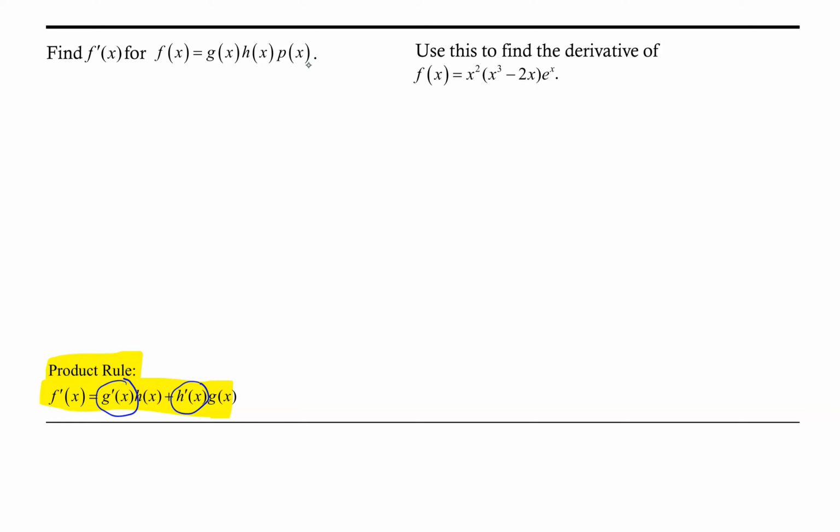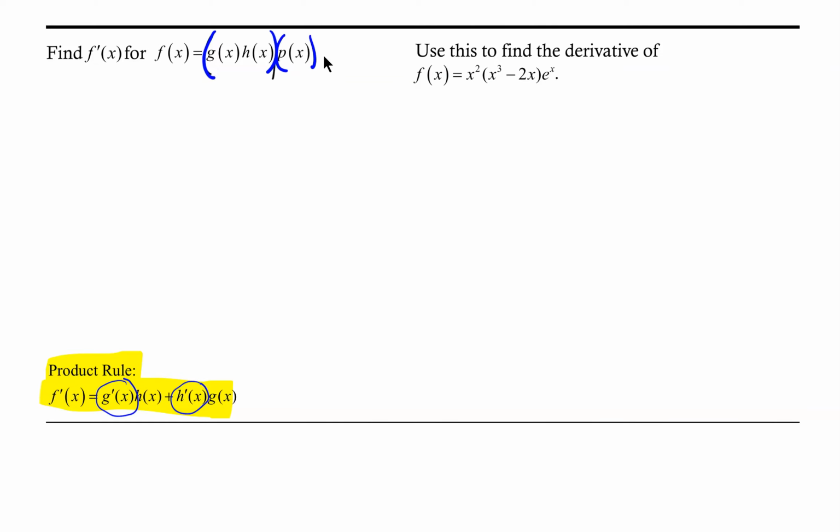So as we strive to figure out what the derivative of this function, f of x, which is equal to g of x times h of x times p of x, as we strive to figure out what that is, we'll start by considering this g of x times h of x as our first factor and p of x as our second factor.